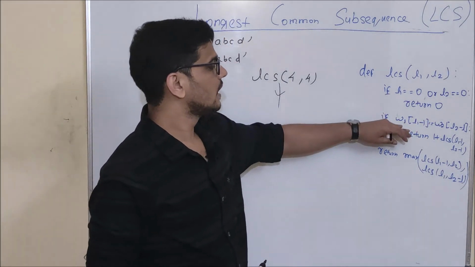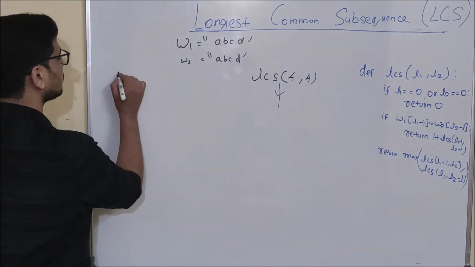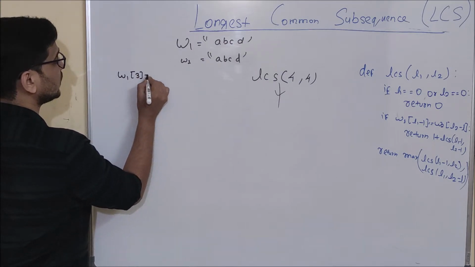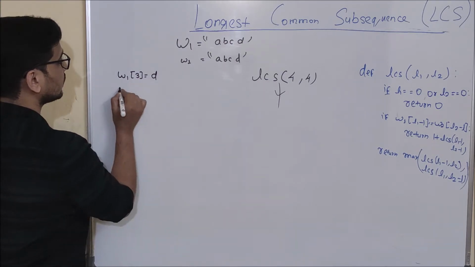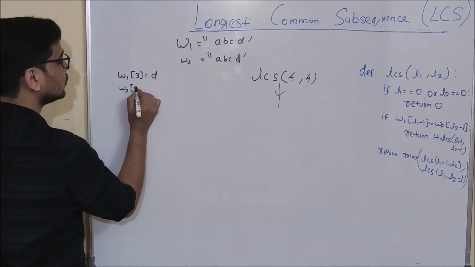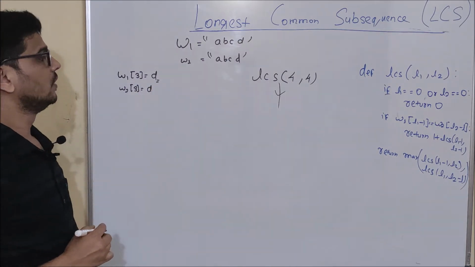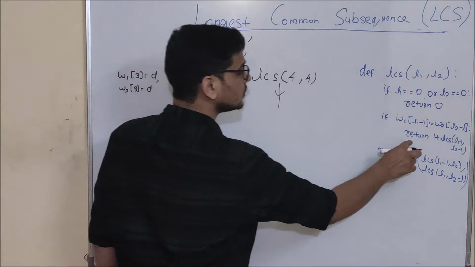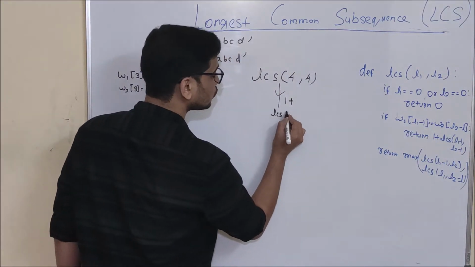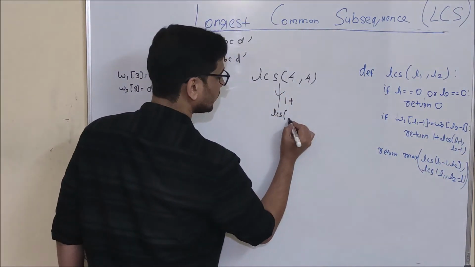Then it will check if W1 of L1 minus 1, that is W1 of 3, is equal to D, and W2 of L2 minus 1, that is 3, is also D, so both are equal. So this is going to return 1 plus LCS of L1 minus 1 comma L2 minus 1.